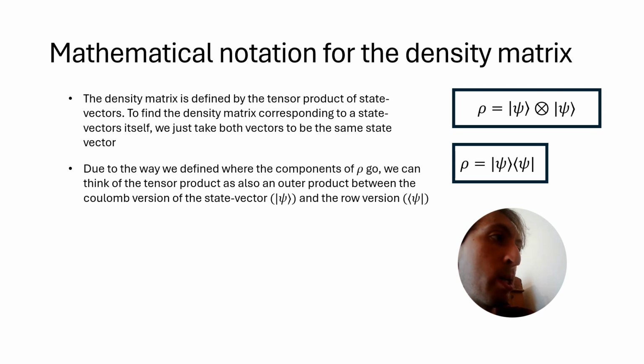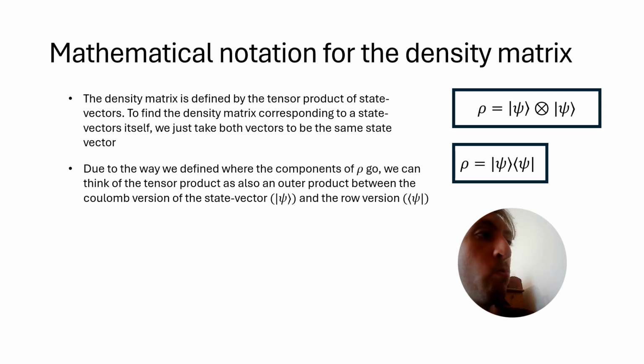Using rules of matrix algebra, you will always then produce a matrix if you multiply them in the right order. And so a mathematical operation that is equivalent to the tensor product is this multiplication of a column vector with a row vector.